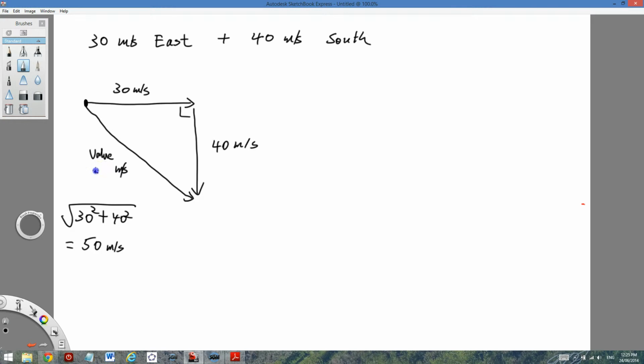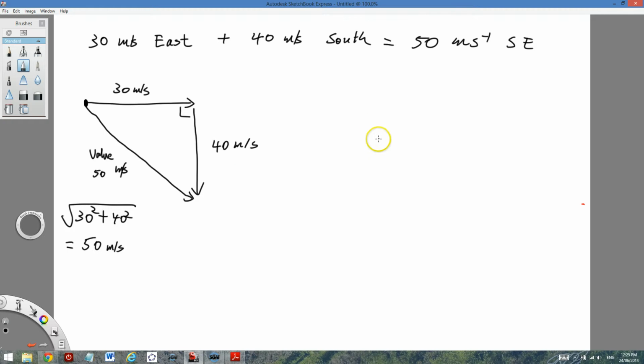So this part must be 50 meters per second, and southeast. Yeah, this is vectors.